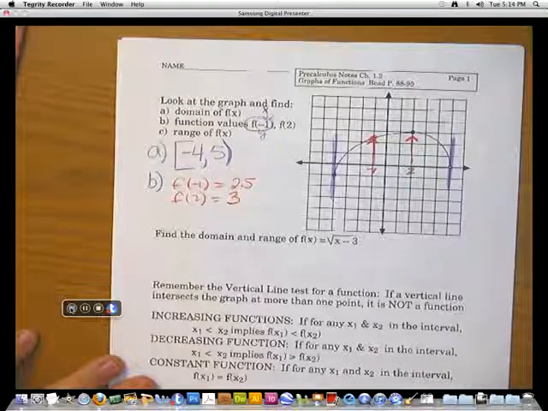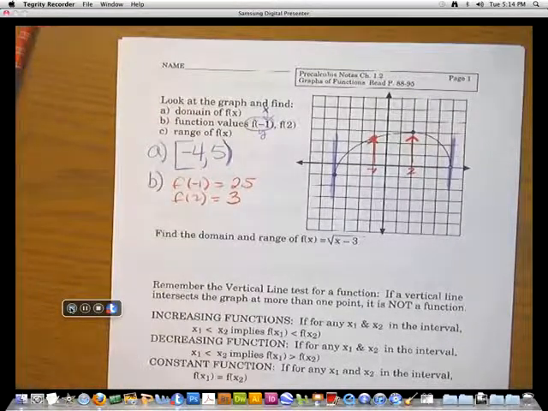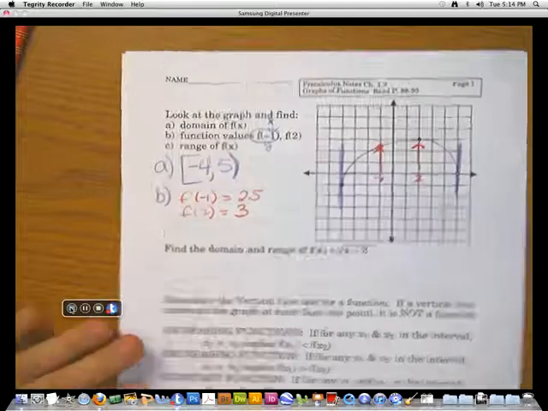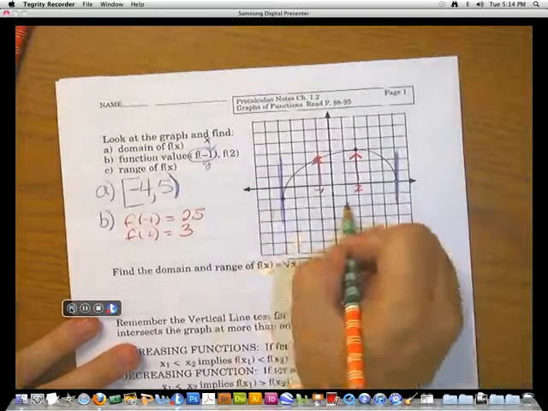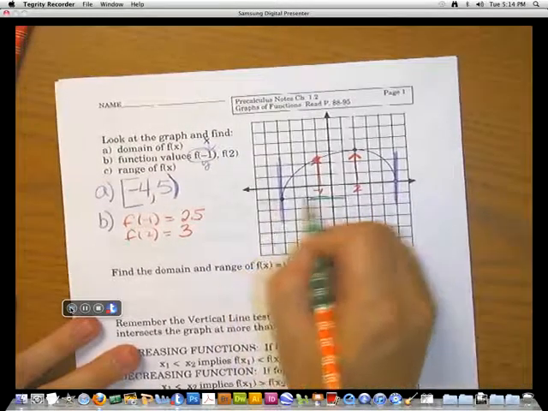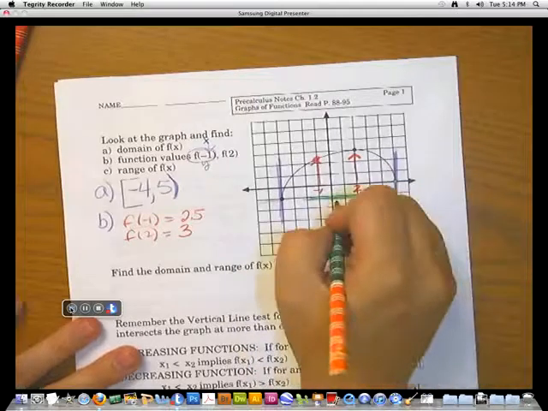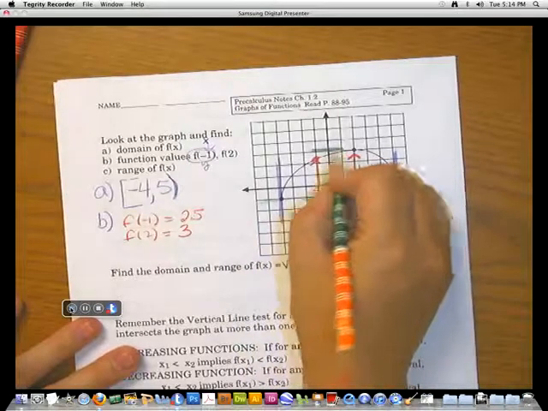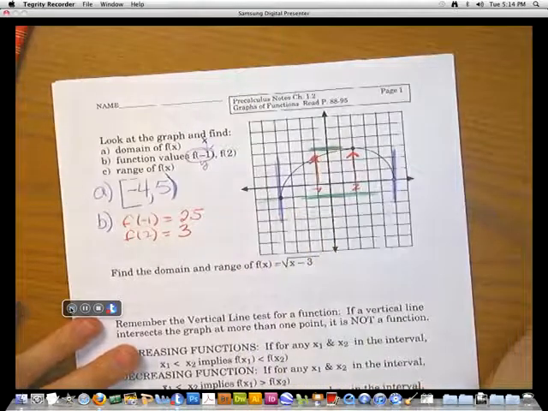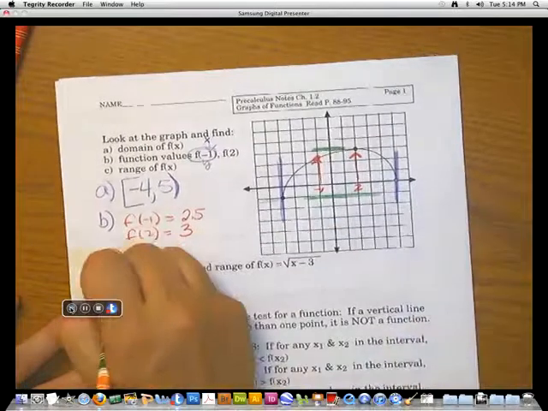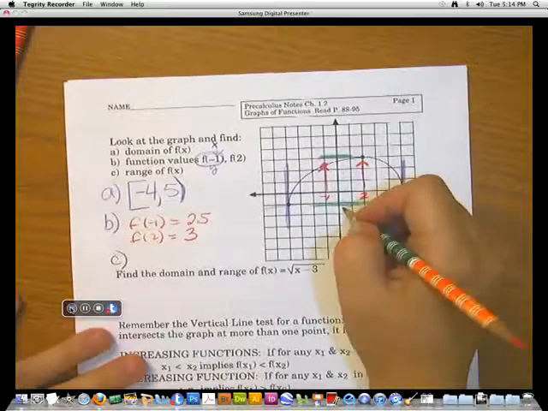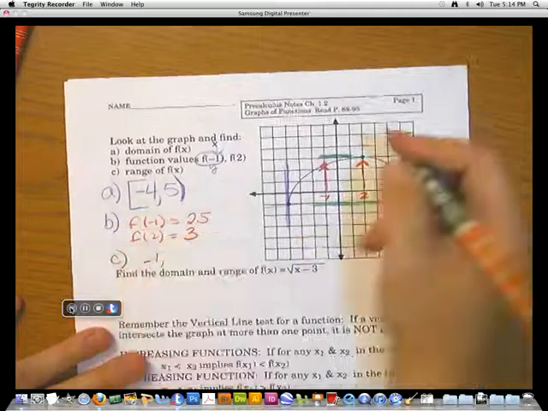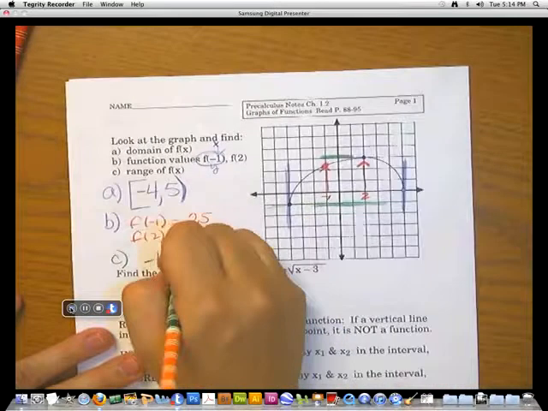So what is the range? The range is the y values. That's how high and low the picture goes. Well, the lowest point is here. The highest point is all the way up there. So when I put together my range, I'm going to say that it goes from -1 to 4.